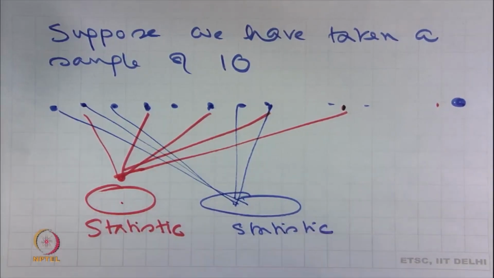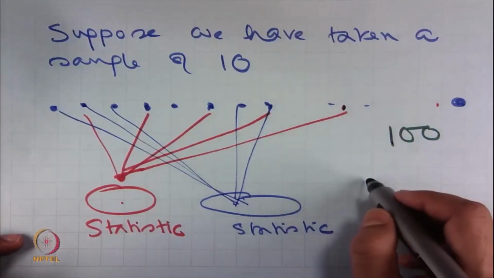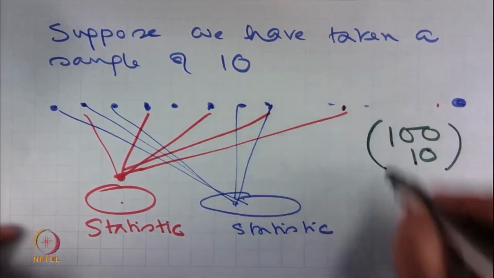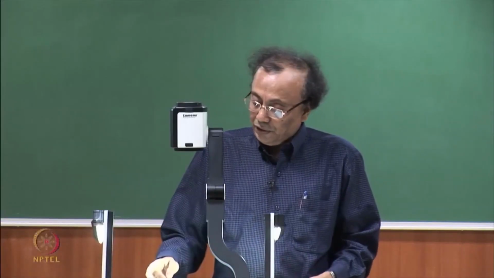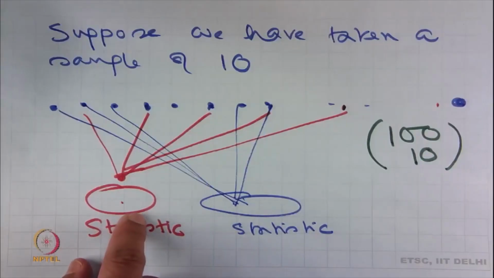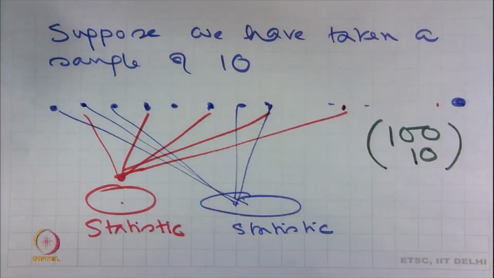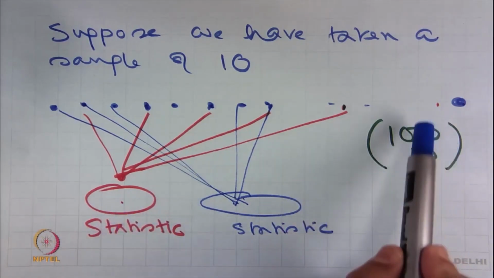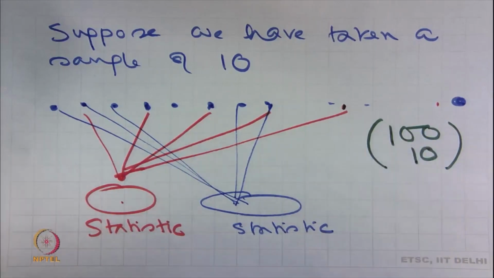It is clear that if there are 100 students and I take 10 out of it, then I can get 100 C10 so many different samples. Each one of them will produce a statistic. This is the statistic that I am going to use to estimate the population parameter. However, this statistic is random, as there can be as many as 100 C10 different statistics.